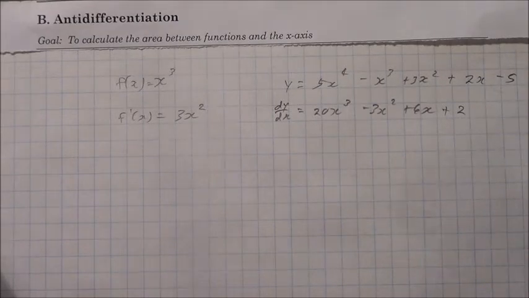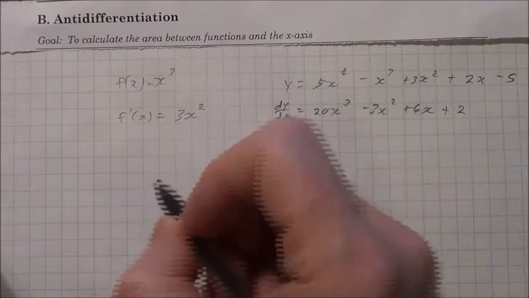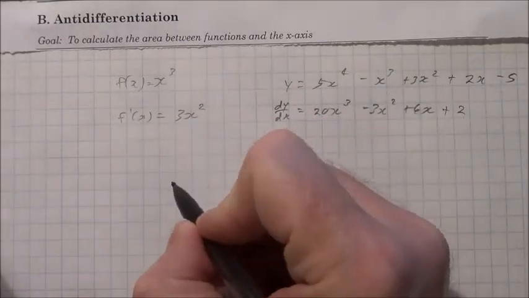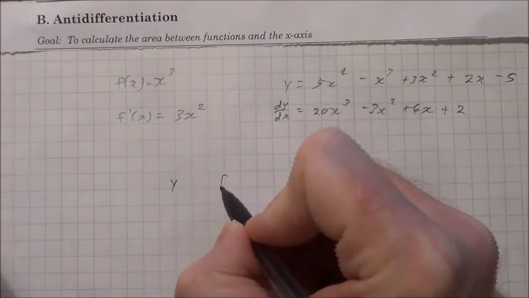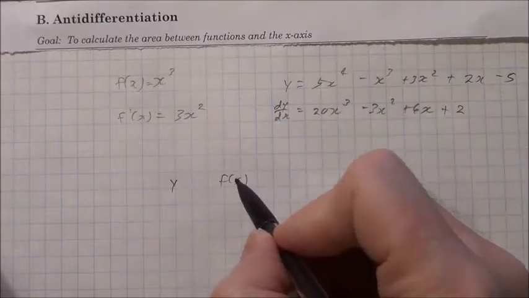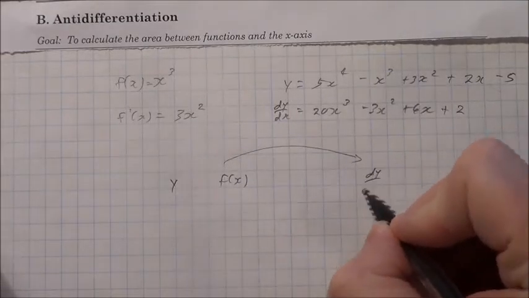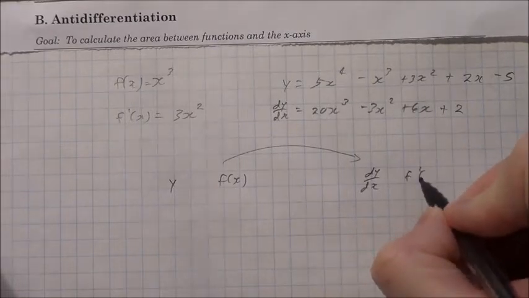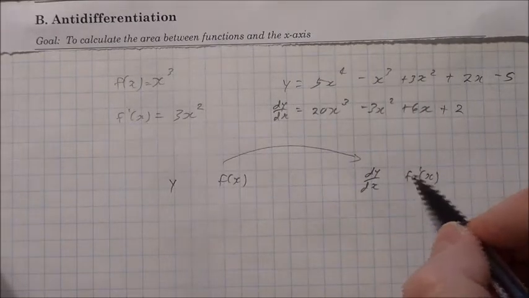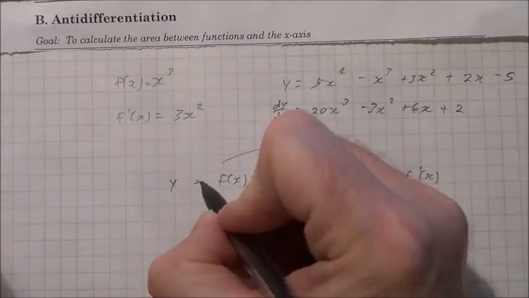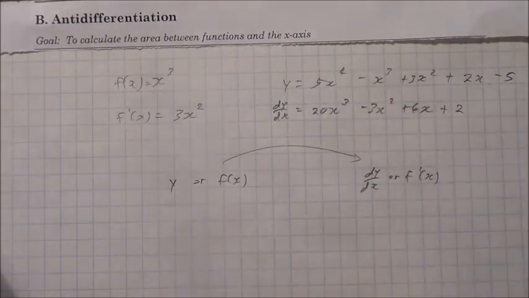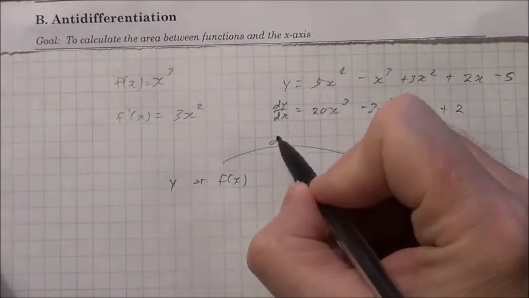So the antiderivative is the opposite of differentiation. If we start with y, or f of x, then differentiation takes us to dy by dx, or f prime of x.